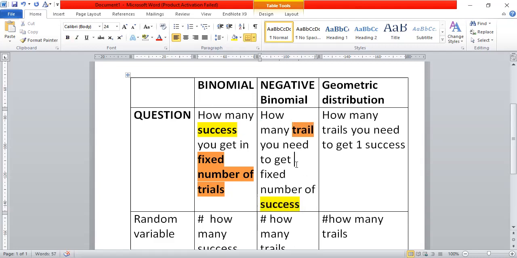Here your problem is resolved: just memorize that the negative binomial distribution is the inverse of the binomial distribution. Binomial distribution deals with the number of successes in a fixed number of trials, whereas negative binomial distribution deals with the trials in a fixed number of successes, right?